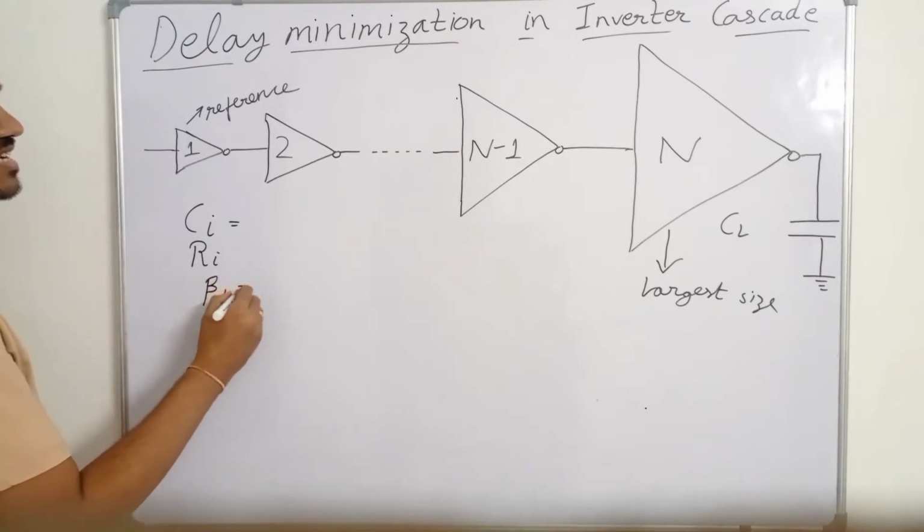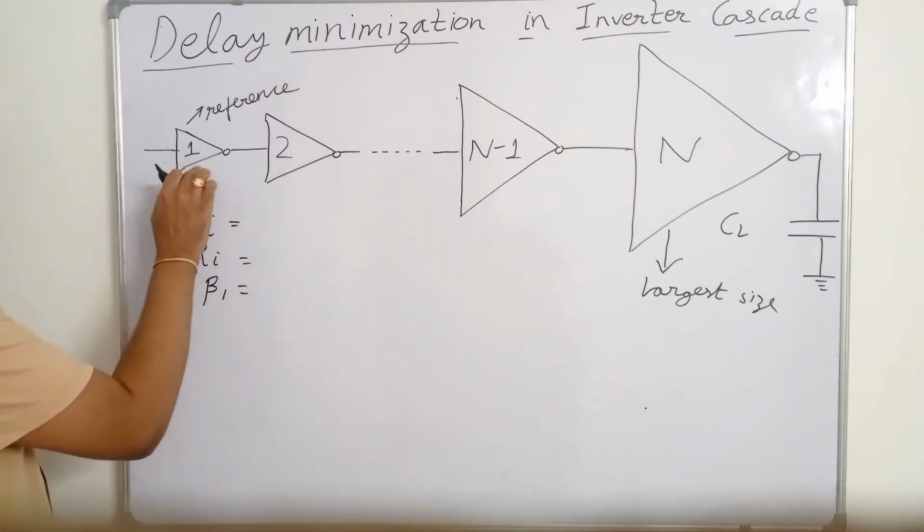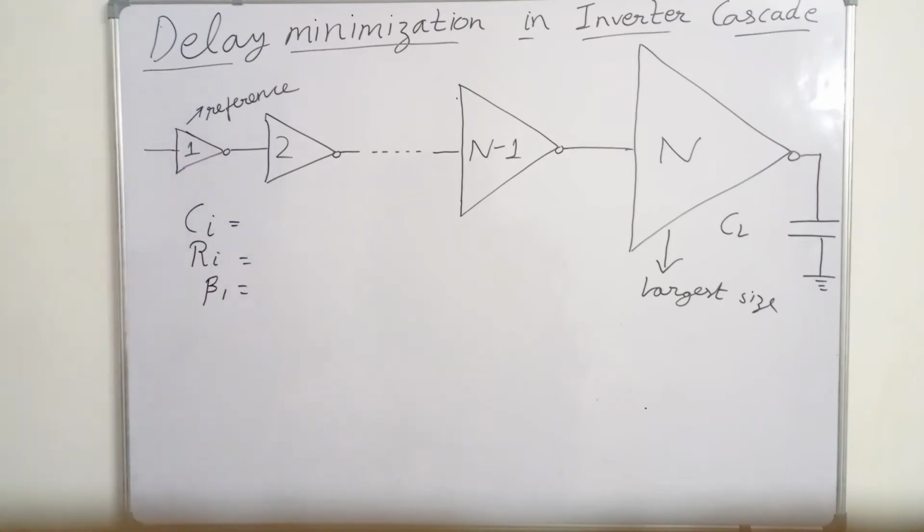Also its transconductance, that is beta 1, is known. This first inverter is the smallest in size and is also called the reference inverter, and for this inverter we know the input capacitance, its resistance and its transconductance. So all these parameters are known for this first inverter.